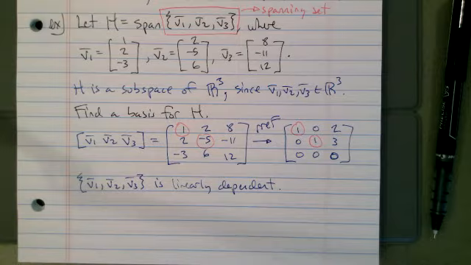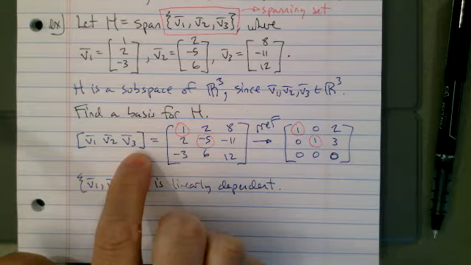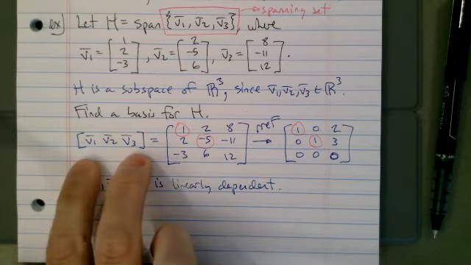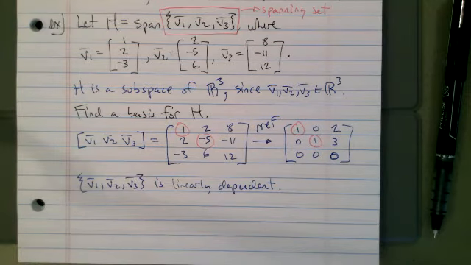If there was an equation, then you could say the equation [v1 v2 v3] times x equals b is not consistent for all b in R3, because the solution set to [v1 v2 v3] times x equals b has free variables, and that says there is an infinite number of solutions.